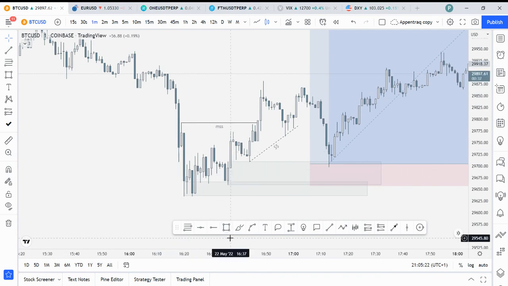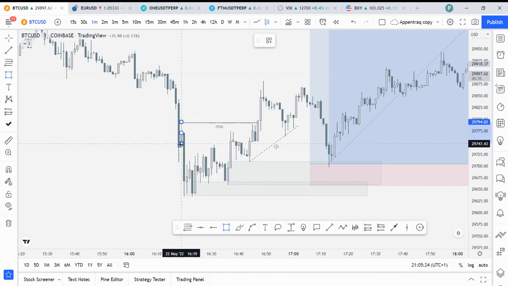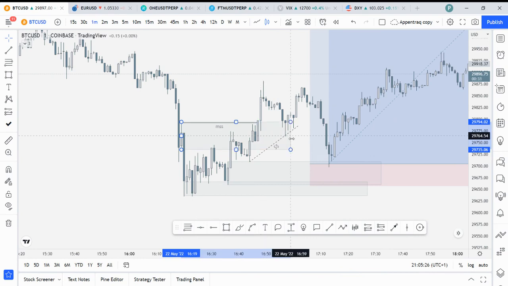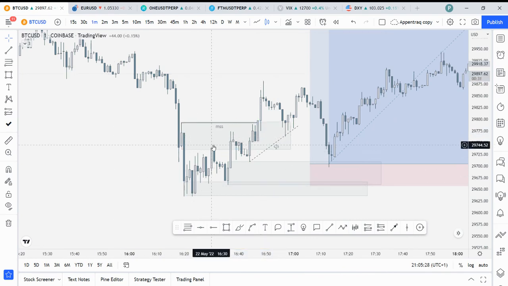For example, you can see that there is a supply zone here, and price reacted to that zone before it then proceeded to break structure. So this is a decisional zone. The zone that forms before that break of structure is the decisional zone after reaction to the zone. So this is both a flip zone and a decisional zone.